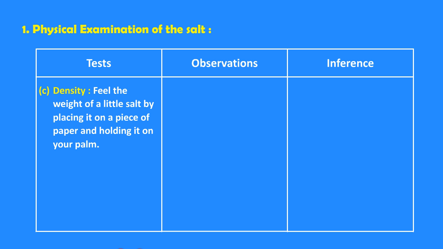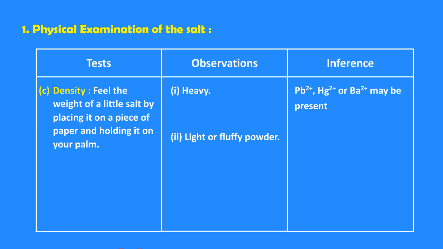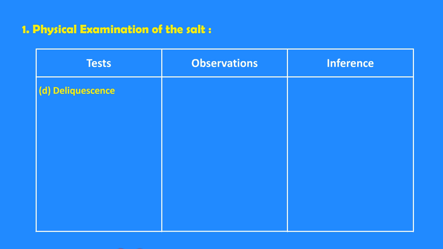Density: feel the weight of a little salt by placing it on a piece of paper and holding it on your palm. Heavy: Pb2+, Hg2+, or Ba2+ may be present. Light or fluffy powder: Al3+, Mg2+, Ca2+ or Zn2+ may be present.